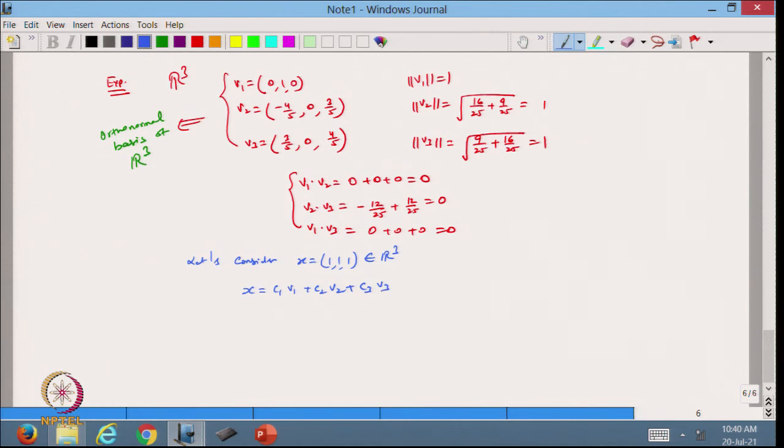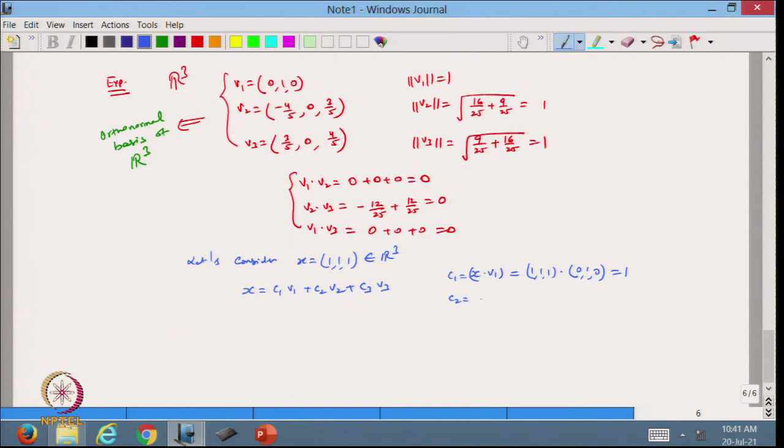So, now I know that my C1 is basically the dot product of x with V1, and x is my (1, 1, 1) taking the dot product with (0, 1, 0). So, if you see from here, it is 0, 1 and 0. So, it is 1. So, my C1 is 1.